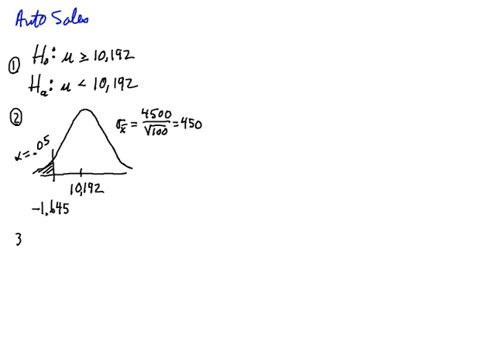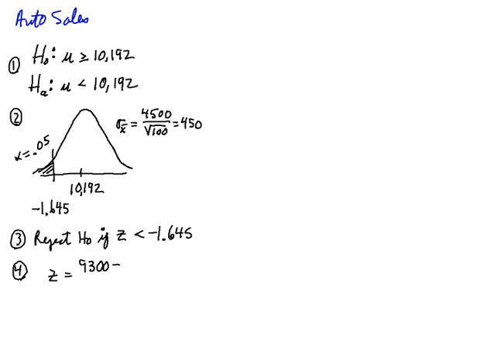My step 3 then would be to create a rejection rule. So I'm going to reject H sub 0 if my test statistic Z is less than negative 1.645. And the test statistic I'd be talking about in this problem is the Z value for the 9,300.